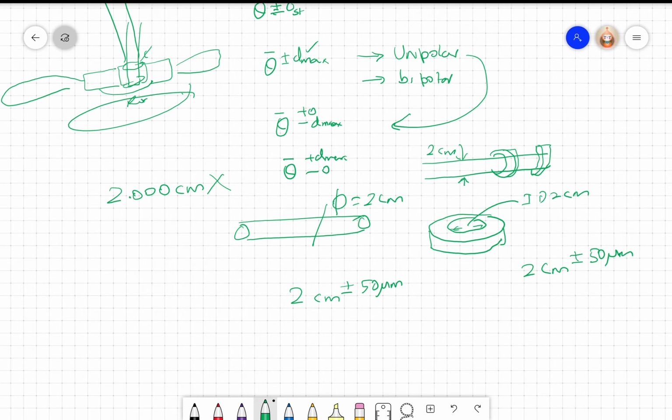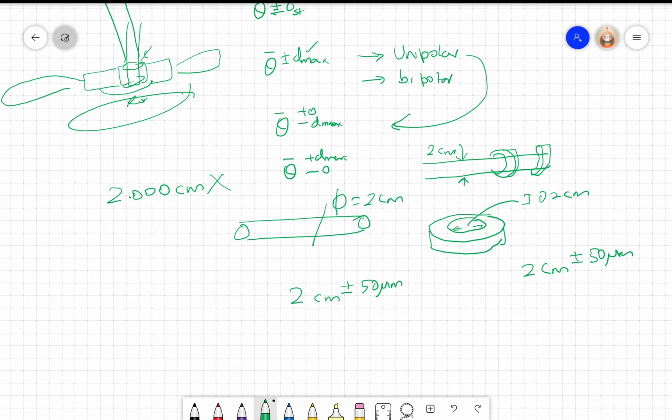If you give this specification, suppose this is plus 50 micrometers and this is minus 50 micrometers, then it will not fit, because the inner diameter of the bearing will be less than the diameter of the rod, so the rod will not go in.